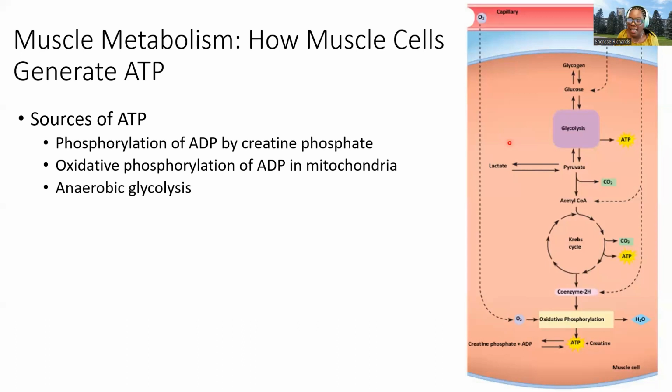But this can be done in the absence of oxygen. So this is going to power stronger contractions. This is going to power activities like sprinting, where you can't necessarily keep your oxygen flow steady, but you can generate a more sustainable ATP in the absence of oxygen. Okay, so that is the difference between the mechanisms of muscle contraction.